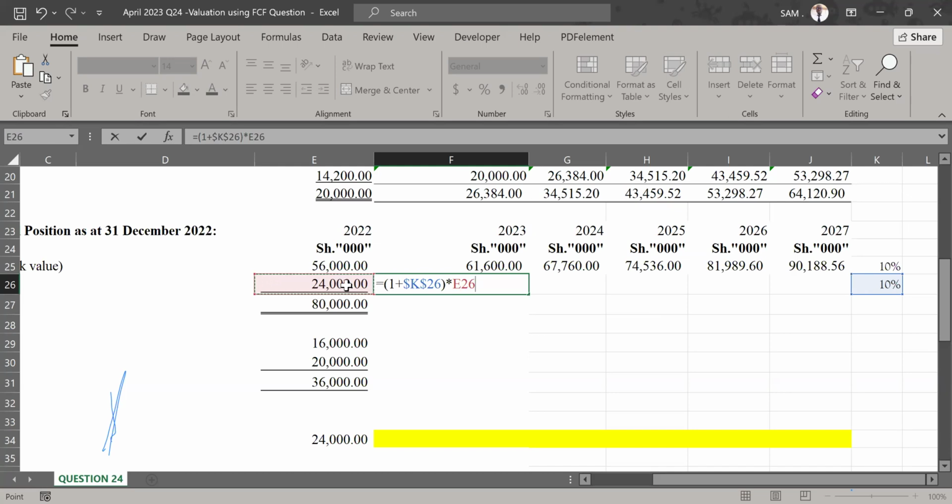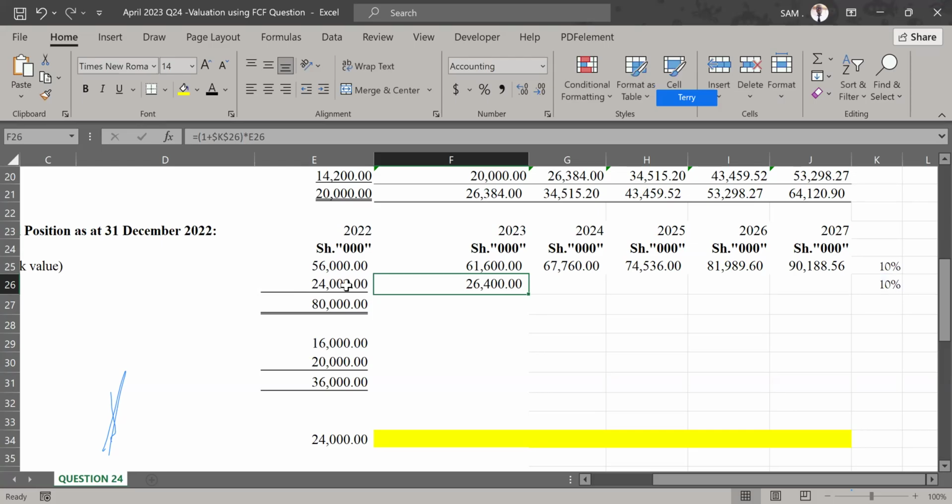That will give us current assets for 2023. And because we have locked that rate of 10%, that cell is a reference cell and it will remain constant, we will be able to autofill for the rest of the years and it will take effect. So I will confirm, Control Enter, and I have 26,400 as the value of current assets in 2023.